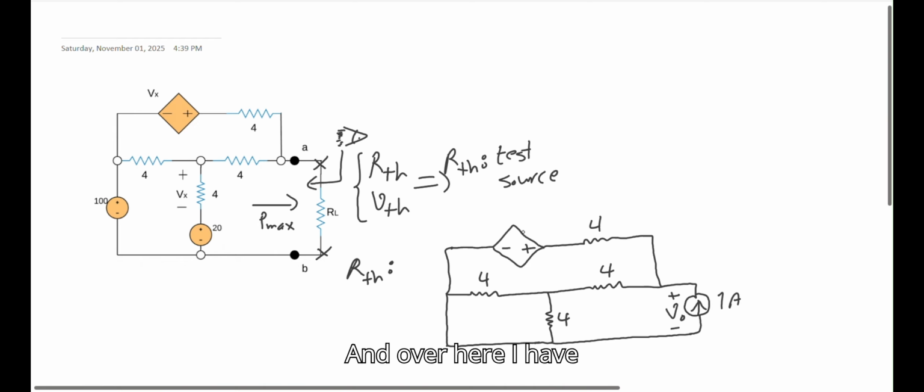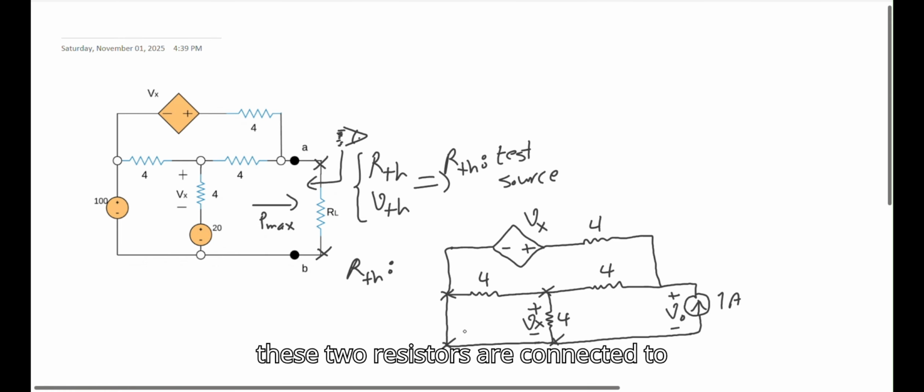And over here I have Vx, which is the voltage across this parallel 4 ohm at the middle of the circuit. So if we look at here, the heads and the tails of these 2 resistors are connected to the same point.